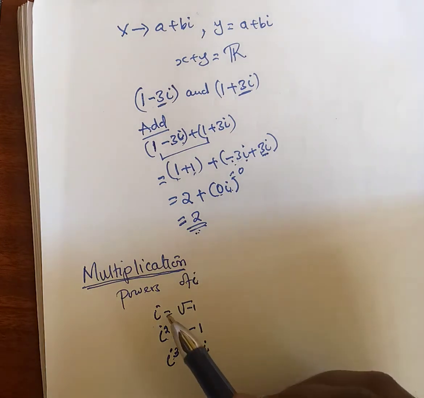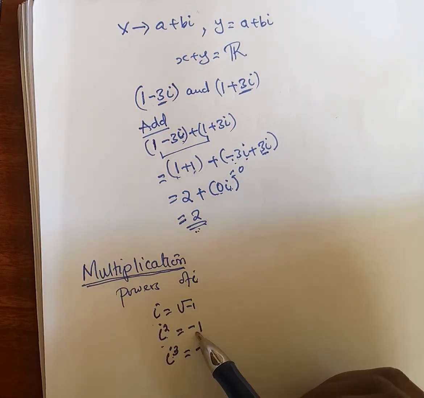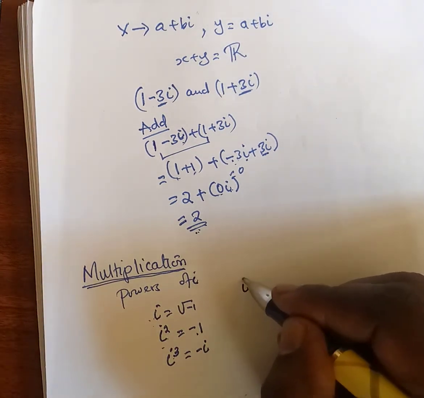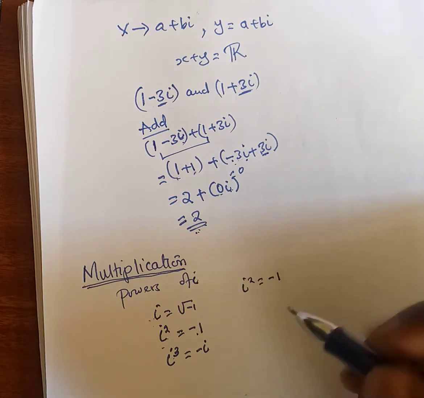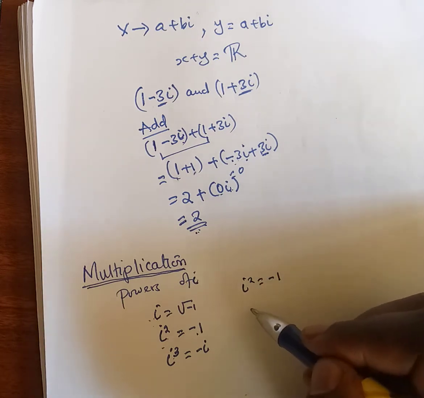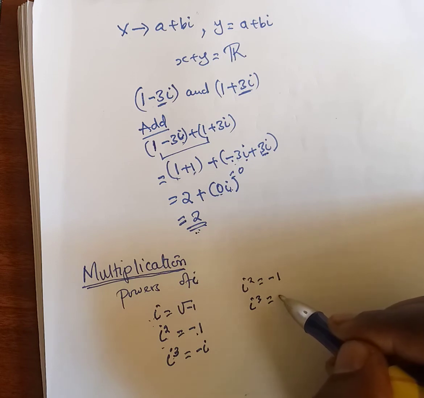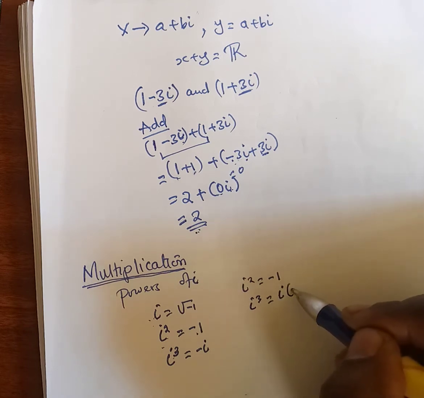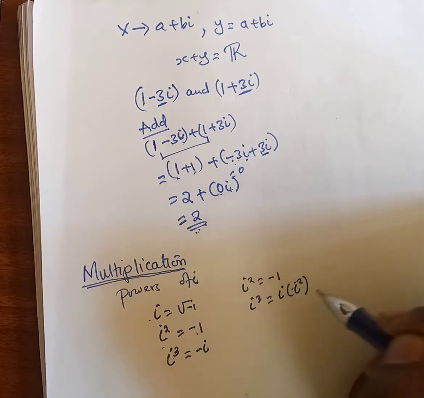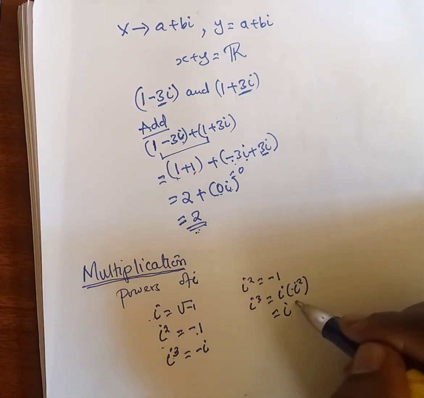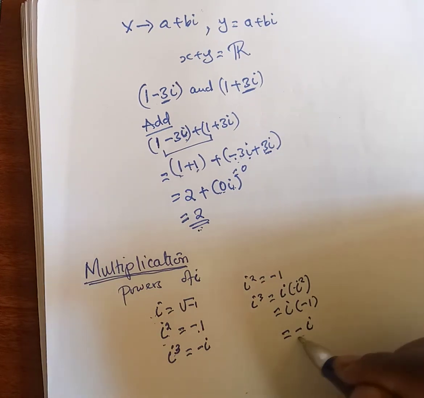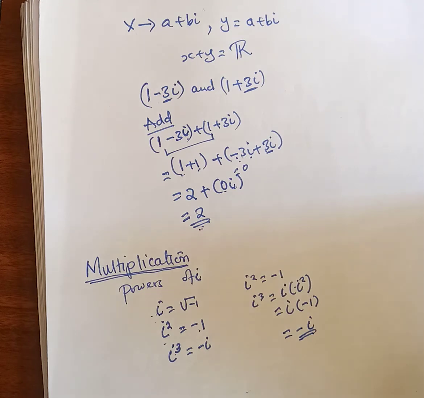Why? Because I have an i and I'm multiplying by i squared, so it will be negative i. I hope that is clear. Since i squared is negative 1, I'm taking i cubed, which is i times i squared, so I will have i times negative 1, and therefore negative i. That's what that concept means.